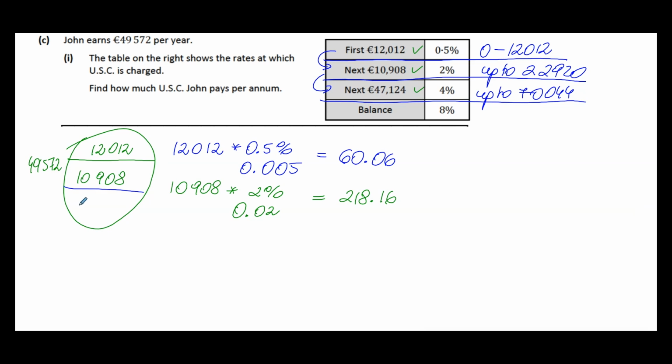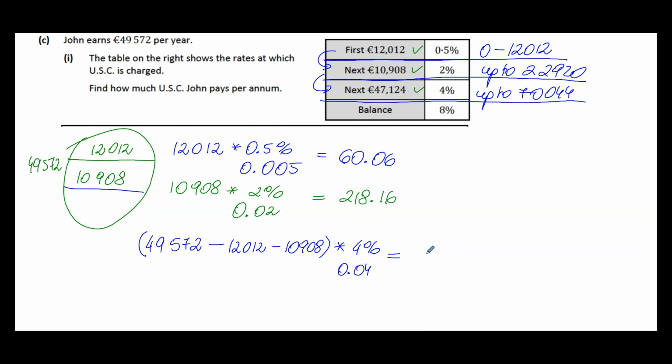And then we are going to the last bracket. So whatever is remaining. So how do we find the remaining one? So out of 49,572, we already taxed 12,000. We already taxed next 10,908. So we take away those two. And whatever will be left over, now we're going to be multiplying by the last percentage, 4% or 0.04.